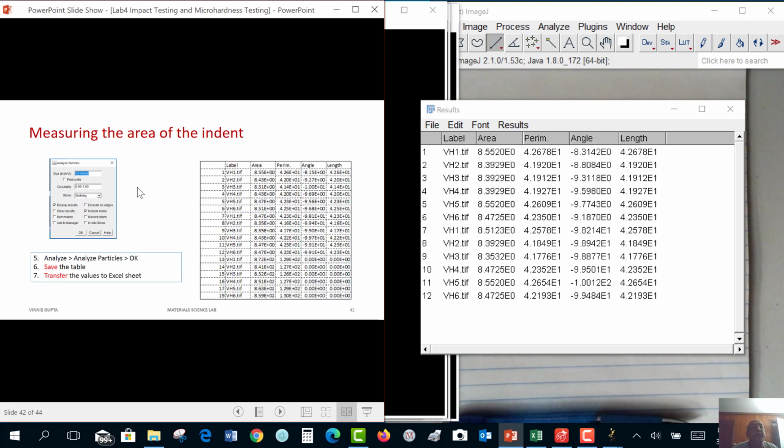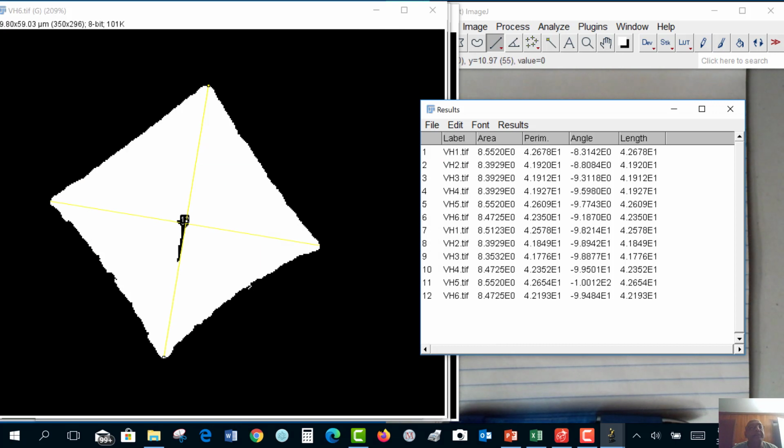Okay, so the next step is we are going to measure the area of the indent. This we are going to do by doing Analyze Particles. Okay, this is the window we are going to look at. What will happen is in some images there might be some stray particles, some pixels somewhere, like there is this sliver hanging around. We don't want to measure it, so we want to exclude it. Obviously this is less than 10 micron square or so. So here is what we are going to do.